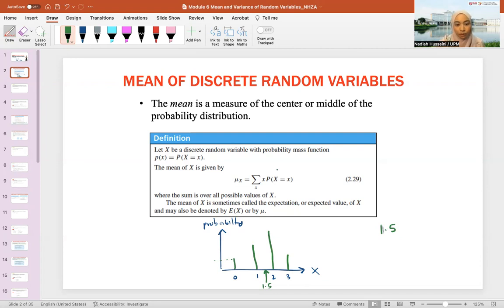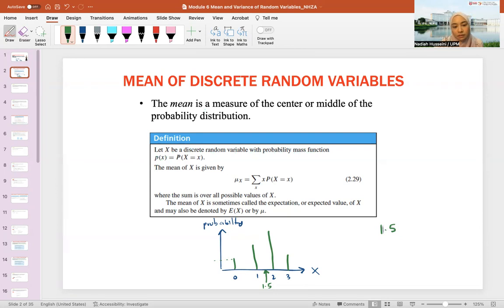So what is the equation for that? Let X be a discrete random variable with probability mass function. P(x) is for discrete and f(x) is for continuous, but it can be anything really. It can be f, it can be g, but for clarity for this class, we're just going to call it p for now.